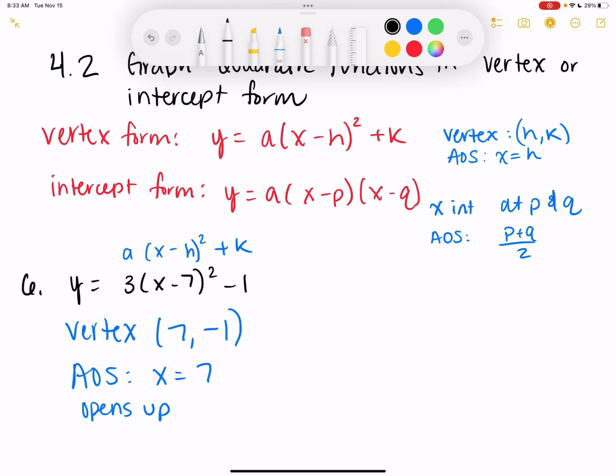So we can set up a graph. Now this one, obviously it's got an x value of 7, so I'm going to make my graph pretty heavy to this side. So I'm going to draw in my axis of symmetry at x equals 7.